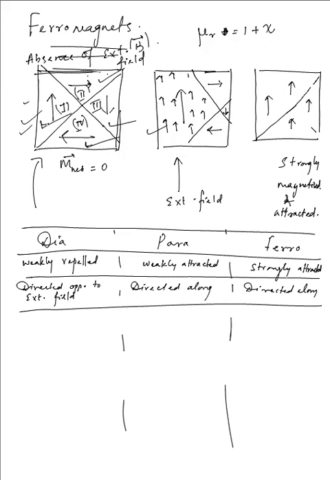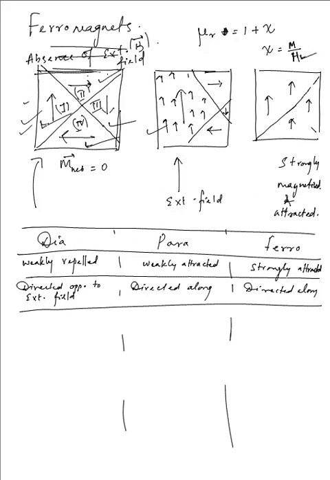Susceptibility is just the ratio of the intensity of magnetization, capital M, to the magnetizing field, so it is just M by H. Now this is for the external field, which will be the same if we are testing the magnetism of dia, para, and ferro, and we expose them to the same external H.